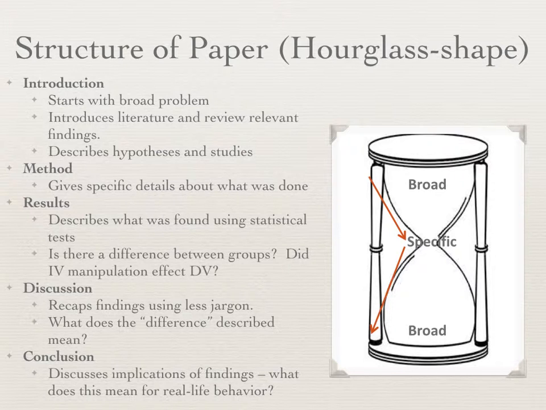So results are going to be very specific. There was a difference, there was not a difference on these specific measures. The discussion is going to say what it means that there's a difference, that the independent variable caused change on the dependent variable. And then the conclusion is going to be, okay, so we saw a difference between treatment and control group in the dependent variable in results.